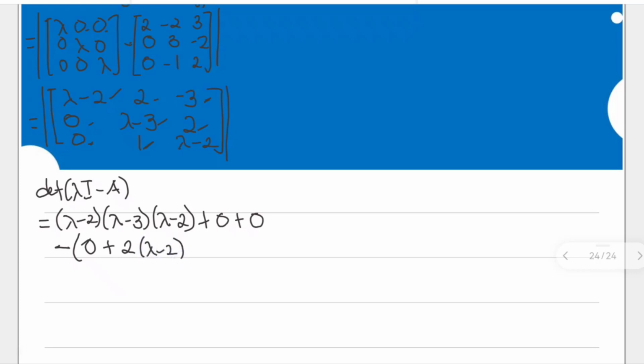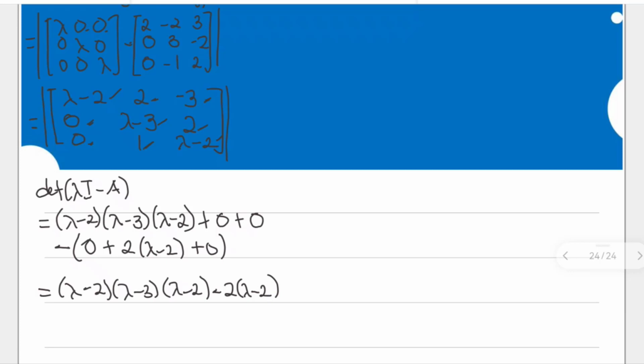Next, we'll have lambda minus 2 times 0 times 2, so we'll have here plus 0. Next, let's not multiply it yet, and it will be okay, especially as we are going to come up with our next process later in solving for the eigenvalue. It's easier for us to do this. Lambda minus 2, 0, 0, so we have minus 2 times lambda minus 2, right?